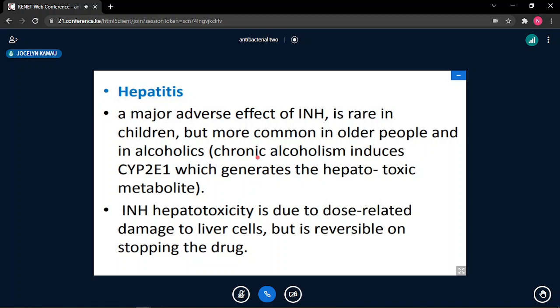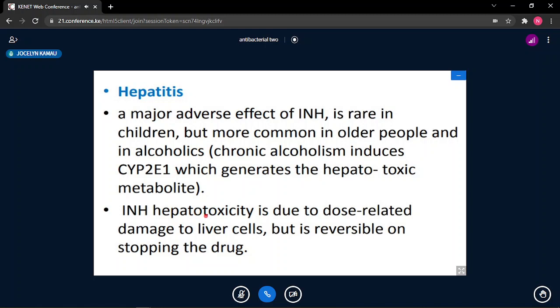That hepatotoxic metabolite is the one which will bring us problems, and it can happen in people who take alcohol chronically. When you take alcohol acutely, it's sometimes of advantage when it's just acute ingestion. But for people who take it chronically, there is an increase of cytochrome 2E1 that generates that reactive metabolite, and that can be the genesis of the hepatitis.